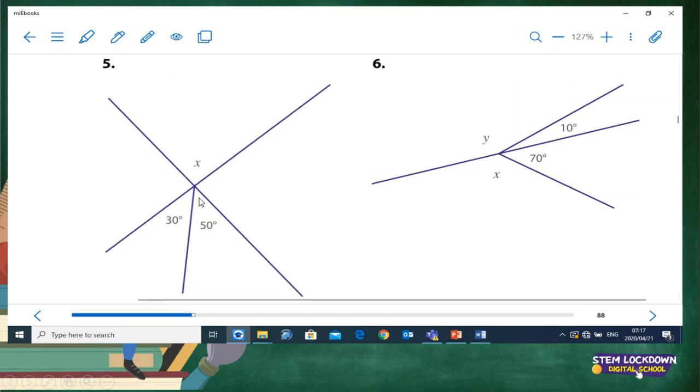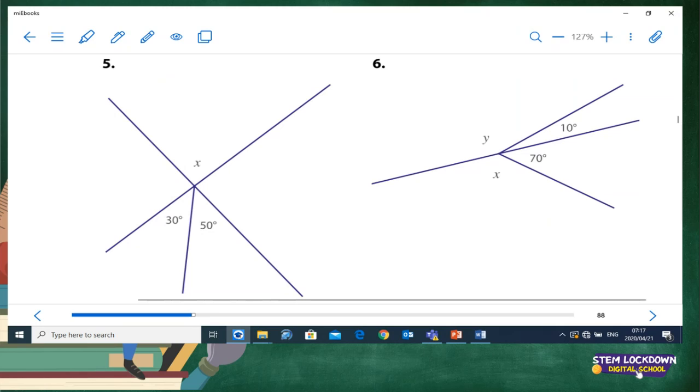So you have 1, 2, 3 angles on a straight line. And we know by now that the angles on a straight line give us 180 degrees.